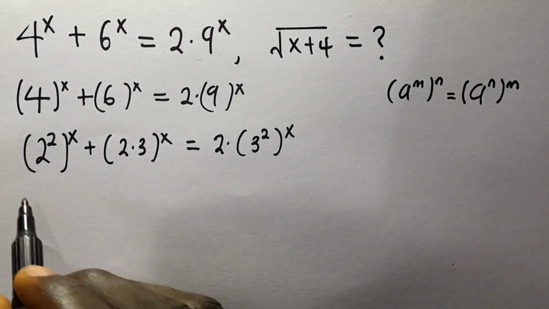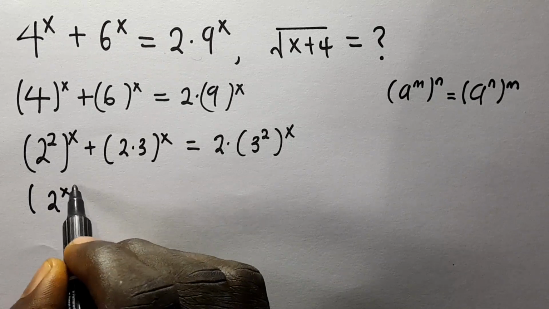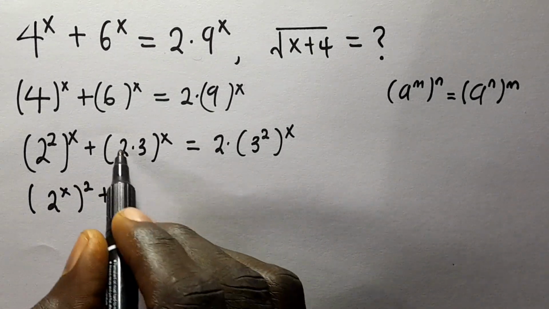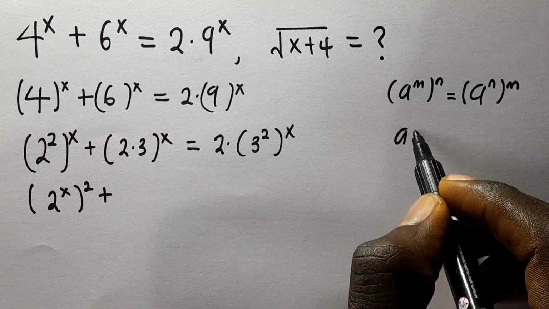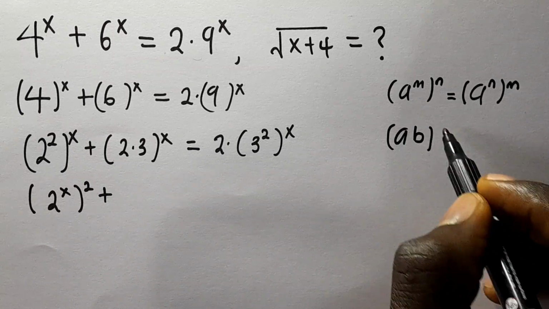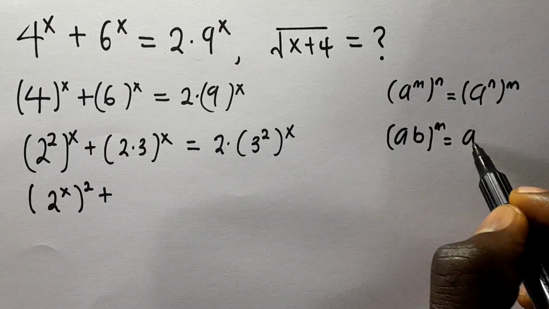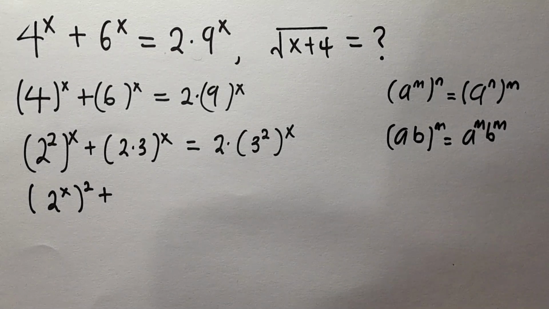Also from here, we can have this to be 2 raised to power x, all raised to power 2, plus this. When you have a times b all raised to power m, this can be simplified to a raised to power m times b raised to power m.